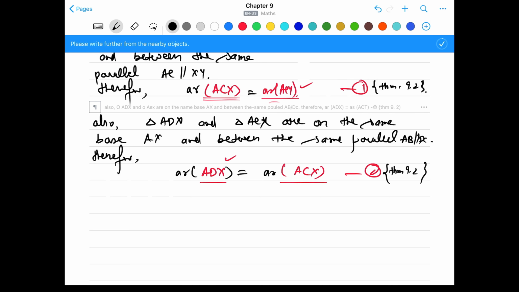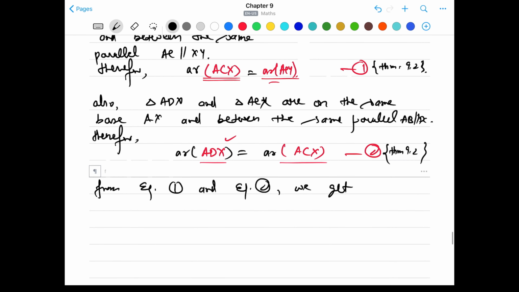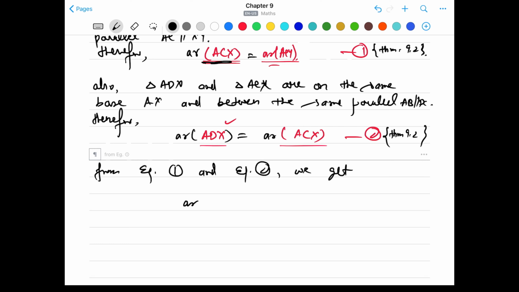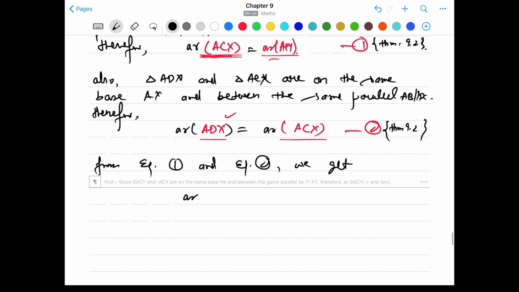So from equation 1 and equation 2 we get, since both are equal to this ACX, that means the other two triangles will also be equal in area, that is, area of ADX will be equal to area of triangle ACY. Okay, and this is what we are asked to prove in question number 13.